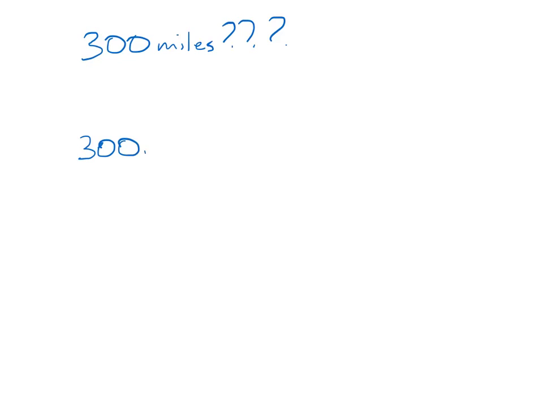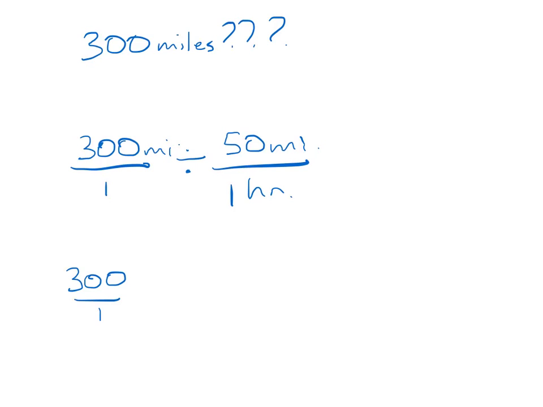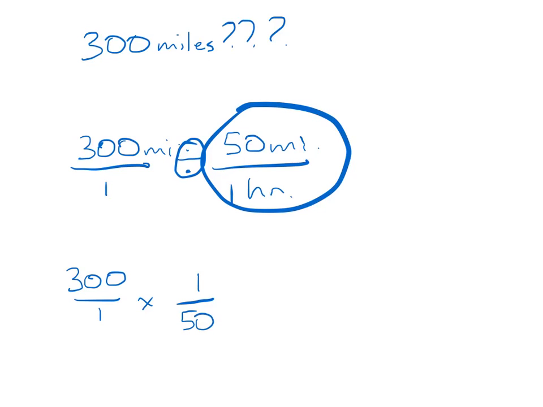So let's take our 300 miles, and I want to know, I'm going to divide that by 50 miles per hour. This would be over 1. Now in this case we know we have to rewrite because we can't divide by a fraction over here, and so we'll rewrite that down here, 300 over 1. Change the division symbol to a multiplication symbol and take the reciprocal of that.